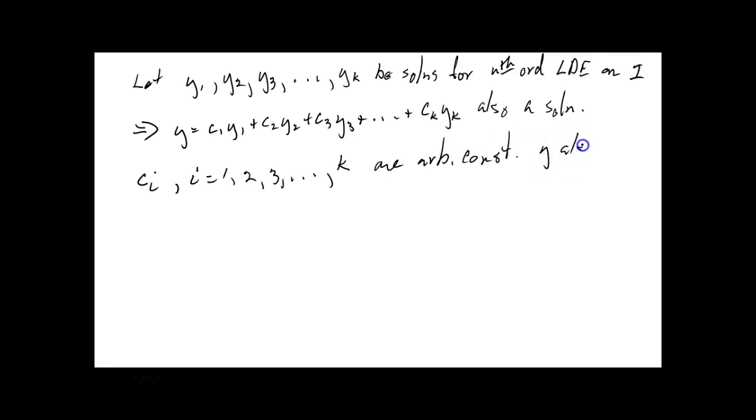Not only do you have a whole bunch of solutions here that you know are solutions, but by introducing these, and these are not fixed C's here, these are arbitrary, they could be any kind of values. C1 Y1 plus C2 Y2 plus C3 Y3, these are arbitrary constants.